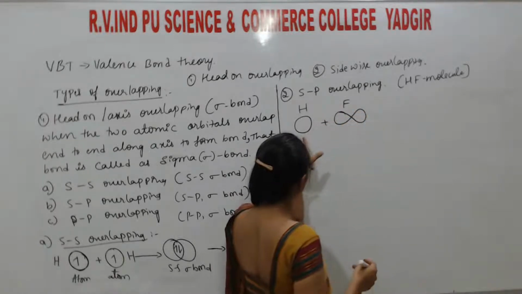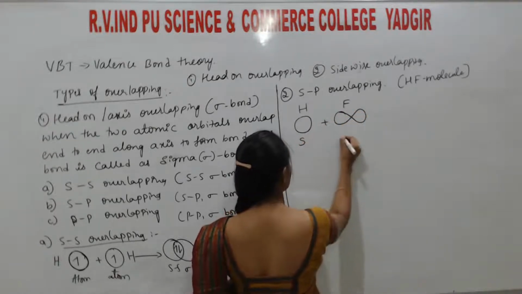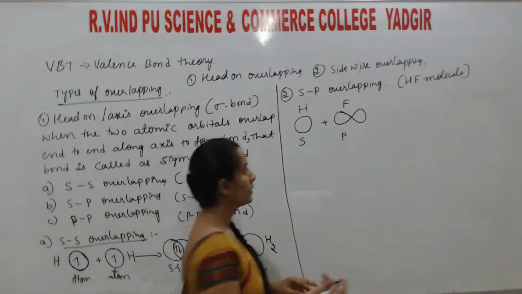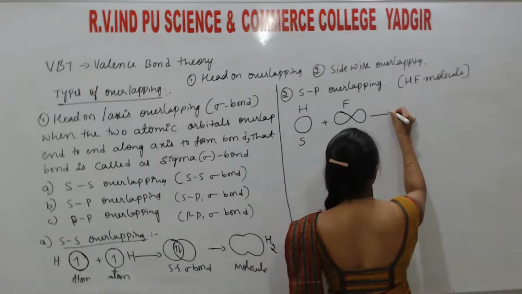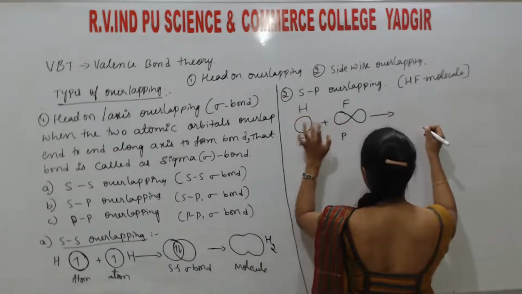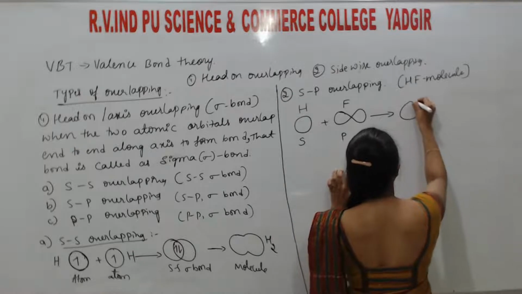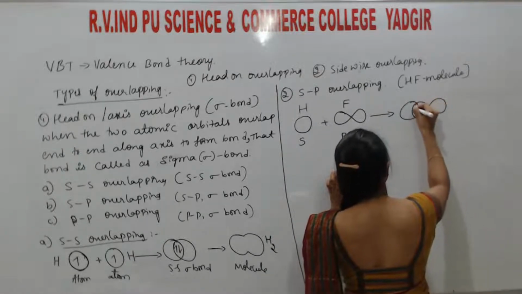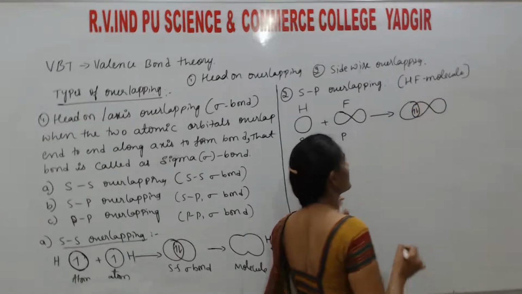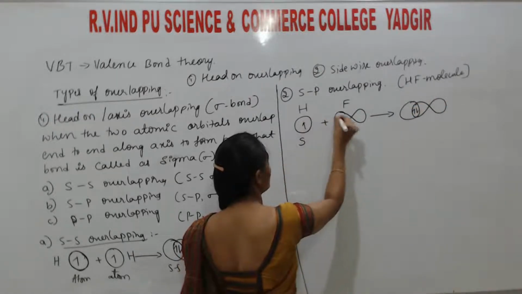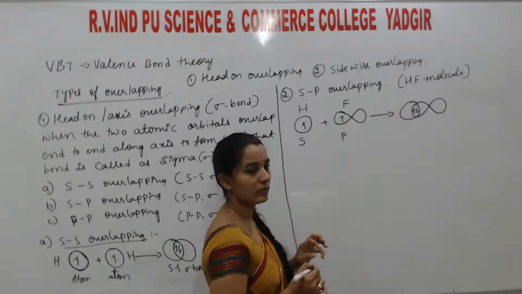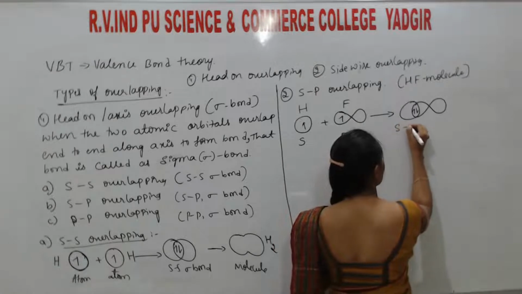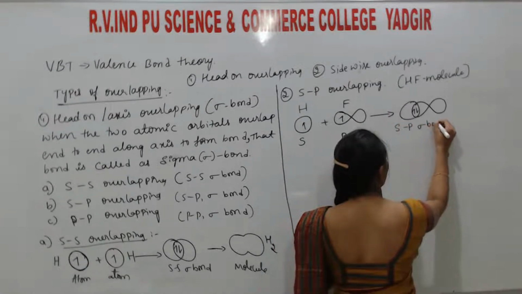So here p orbital, here s orbital. Then overlapping takes place, means these two get overlapped. The electrons are in opposite spin, one electron here, one electron here. This is SP sigma bond.